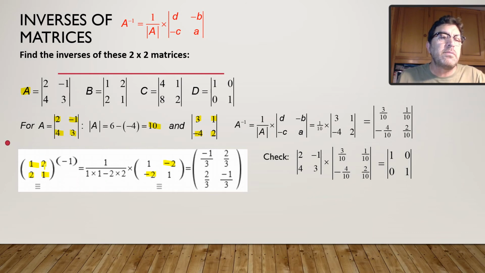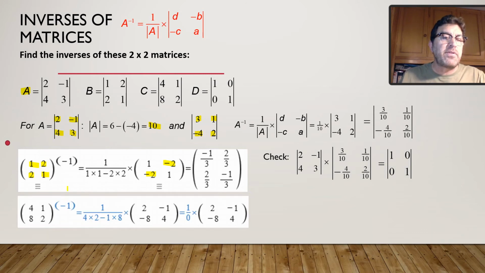The determinant was 1 minus 4. Now 1 minus 4 is minus 3. Okay, so we have minus a third multiplied by this matrix, and it gave us that matrix that's filled with fractions.